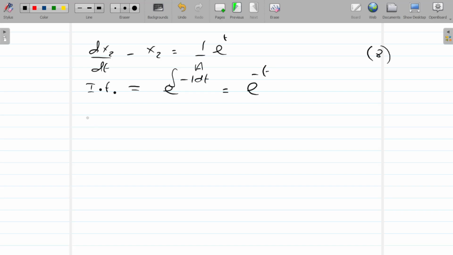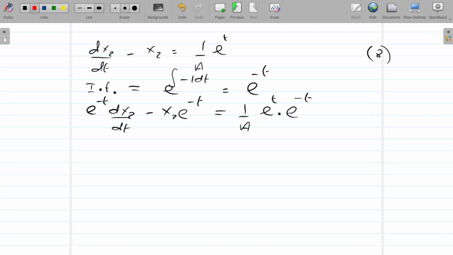So if we multiply equation 8 by e to the minus t, we get e to the minus t dx2 by dt minus x2 e to the minus t, and that's equal to 1 over a e to the t times e to the minus t.